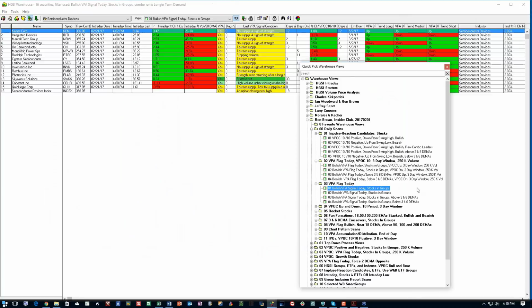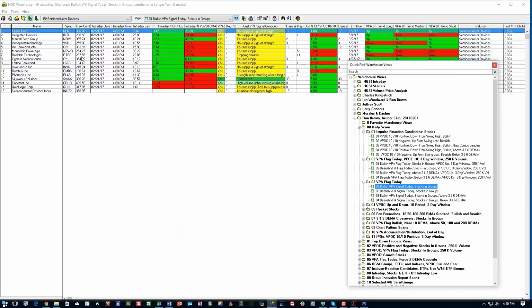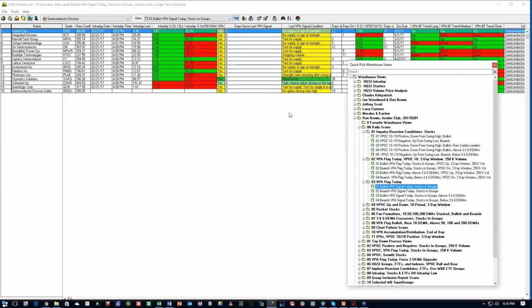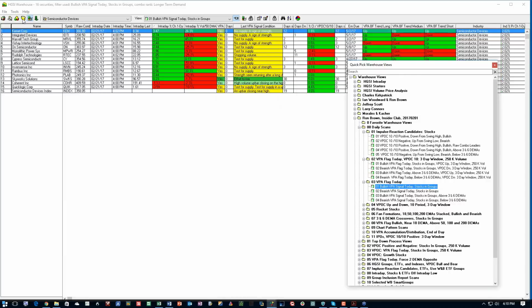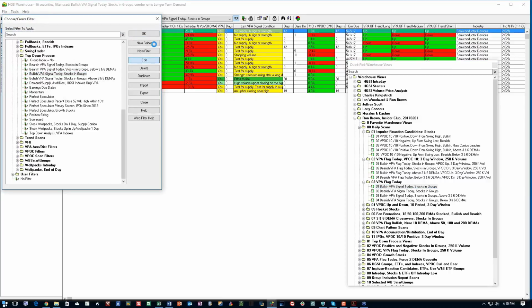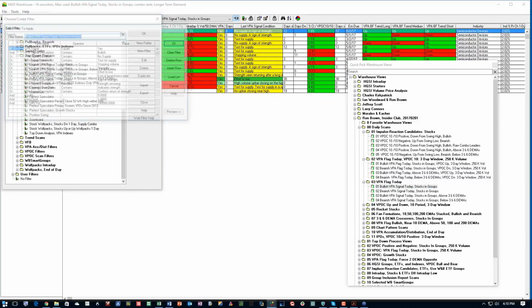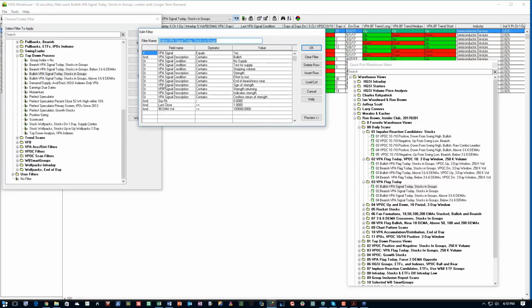Okay, now let's go back to this. If you just want to look at the VPA flags only, you go to folder number 3, bullish VPA signal today, which was yesterday. We're still in the semiconductor devices. This column right here, days since the last VPA signal, all zeros, and these are the VPA signal conditions which were met. This is the result of a filter which took me a while to build, because if any of these conditions are met, then the stock will appear through here.